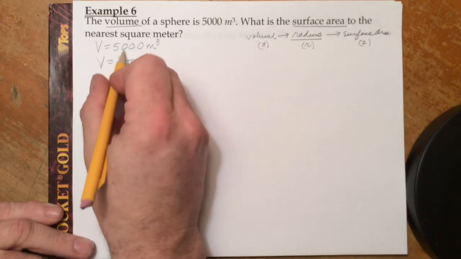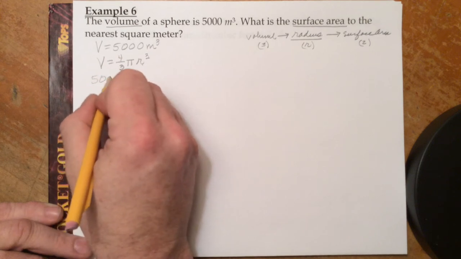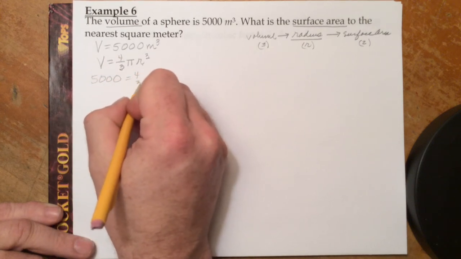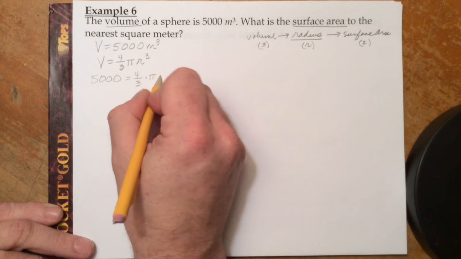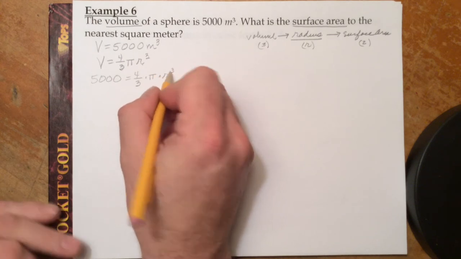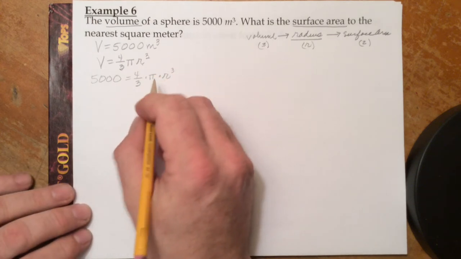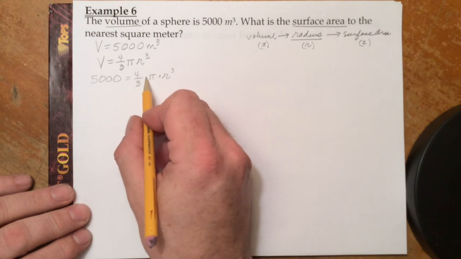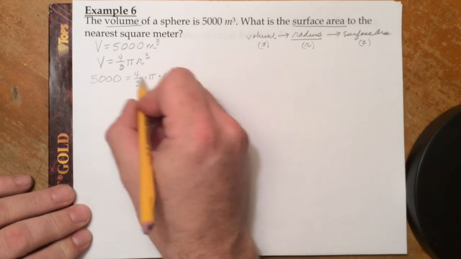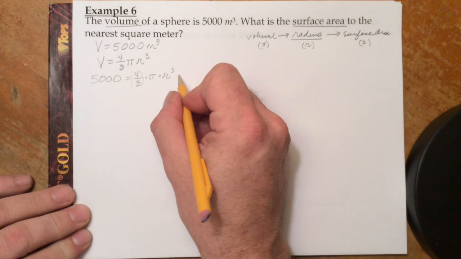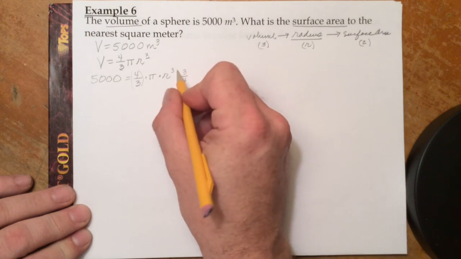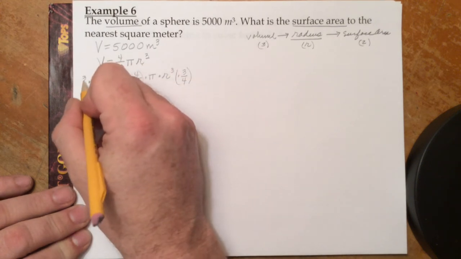So substituting in for V, we have 5,000 equals 4/3 times pi times radius cubed. In solving for r, first of all, we need to get rid of the 4/3 that's being multiplied. So we can multiply by the reciprocal of 4/3, which is 3/4. We need to do that on both sides of the equation.